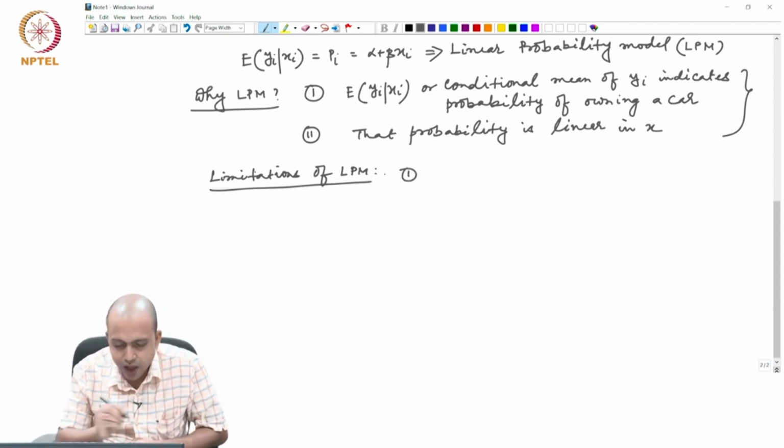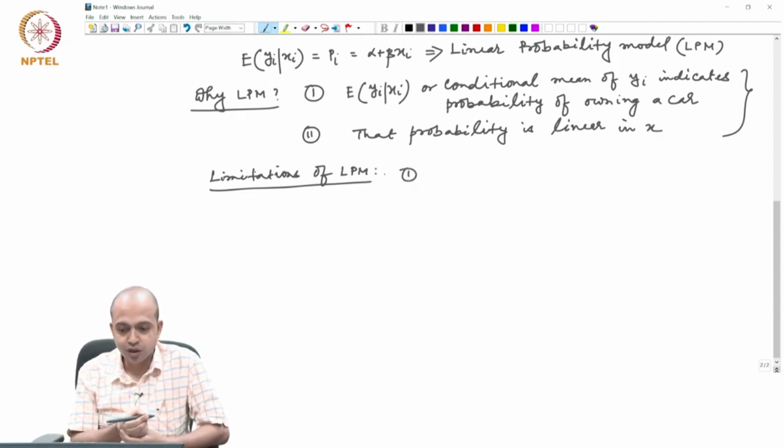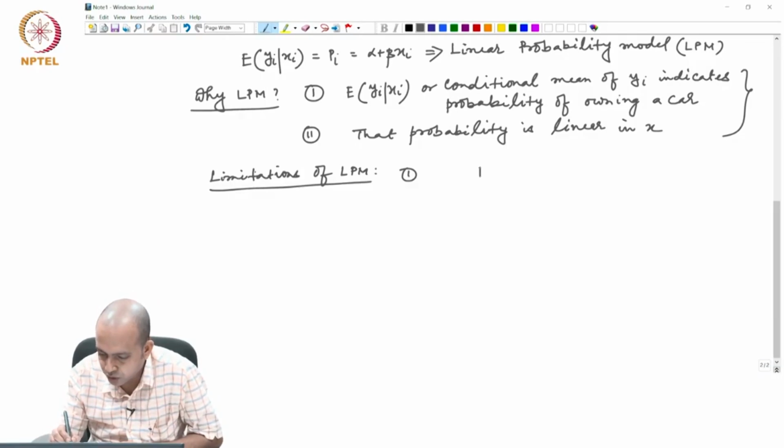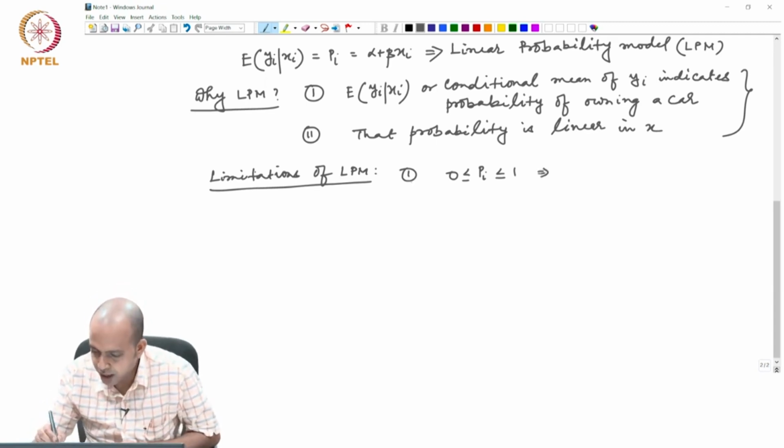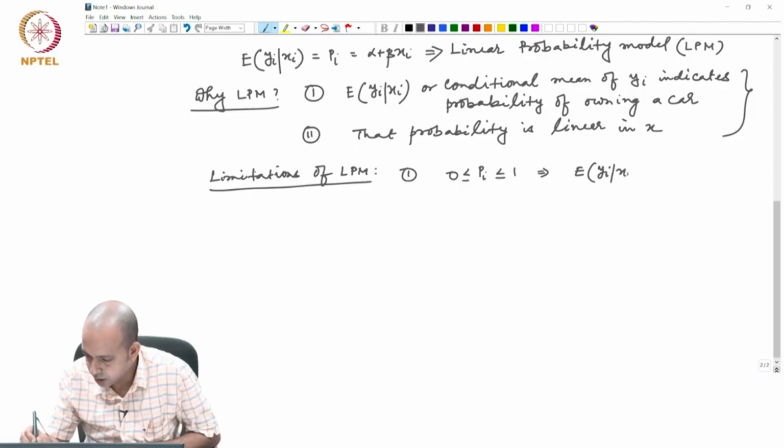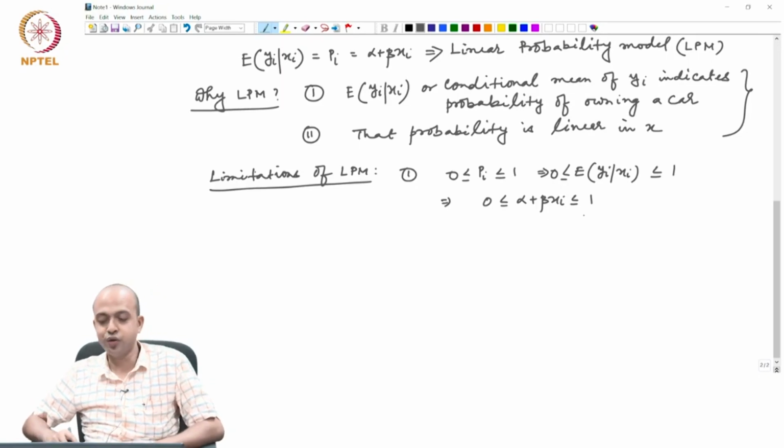The first one is, as you know from the properties of probability, that pi should always lie between 0 and 1. But that implies expectation of yi given xi should also lie between 0 and 1, and that implies alpha plus beta xi should lie between 0 and 1.